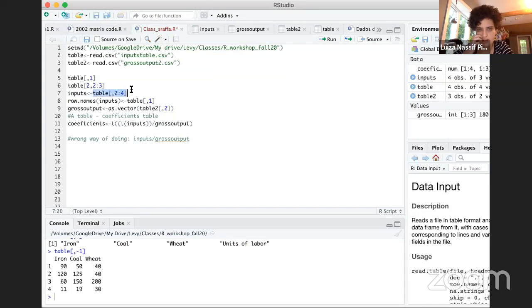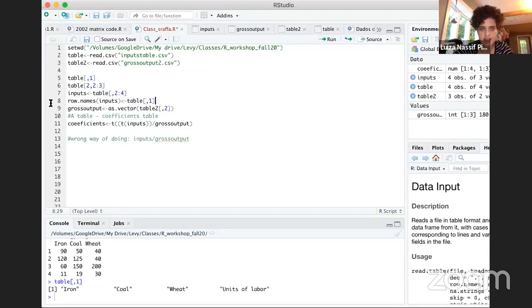I'm excluding the first column by just creating a table which is every other column. That's what this does: take columns 2 through 4 of table, and then give a name to that, which is inputs. And then I use the first column of table, which is this, and input that as the row names into the inputs table.